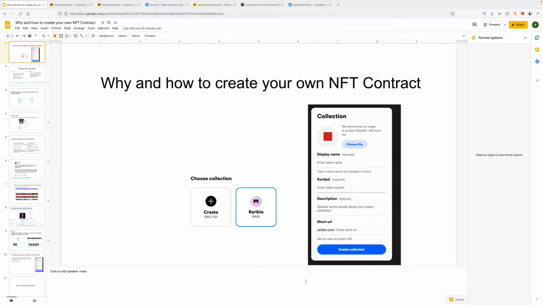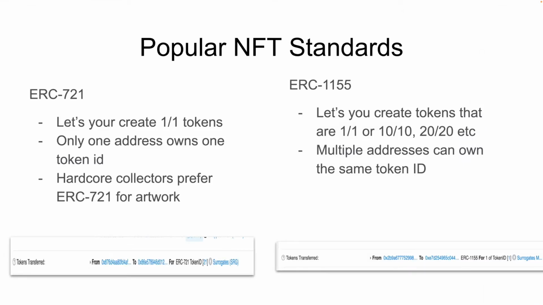But a lot of artists choose platforms like OpenSea or Rarible because it's really easy to get started. And before we dive into how to create a contract of your own, let's start with why you may want to create these contracts that you own when creating NFTs, when minting NFTs.